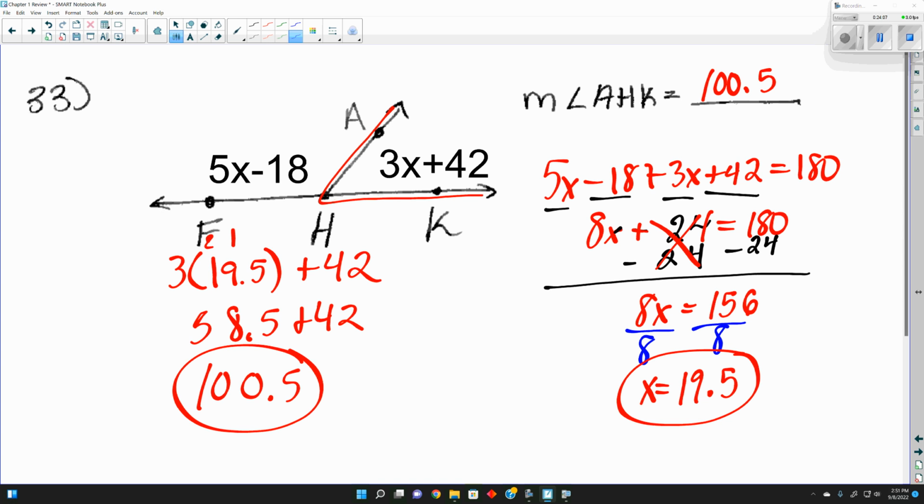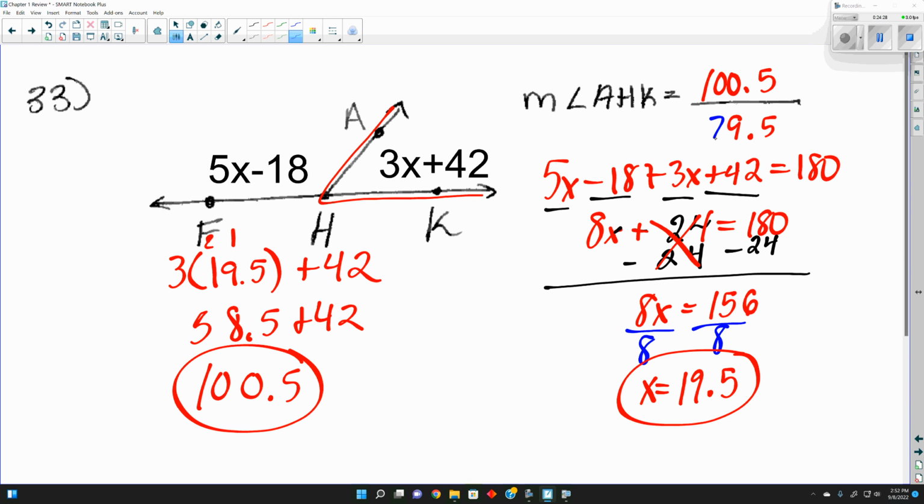Would be 0.5, so 1.9 gives us 79.5 is the other one. Now again, just because the picture doesn't look like it doesn't mean it's not true. Does that angle in the picture look like it's 100 degrees? No, because straight up and down is 90.